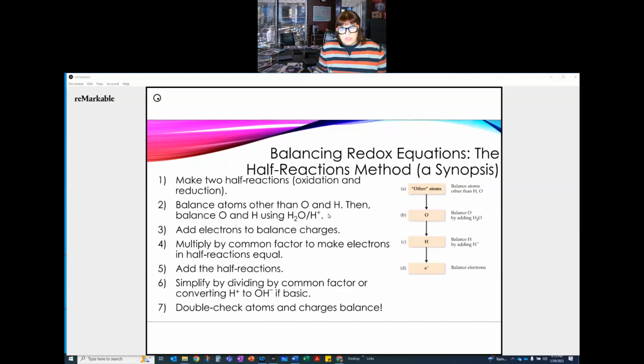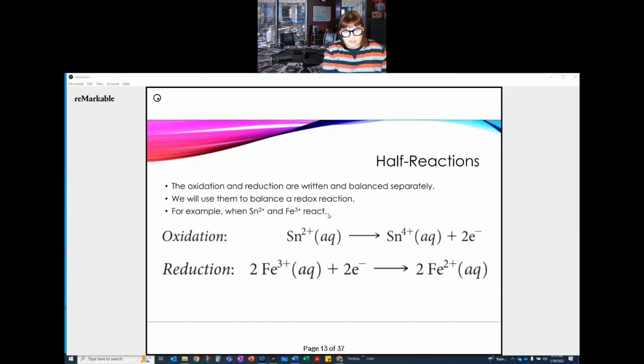Once we've done that, we need to make sure that the number of electrons that are lost in the oxidation are the same number that are gained in the reduction. So we have to make those electrons the same. When we talk about this reaction here, I'm just going to refer back to it for a second. Notice that one of these is a 2-electron process: Sn2+ to Sn4+ is 2 electrons.